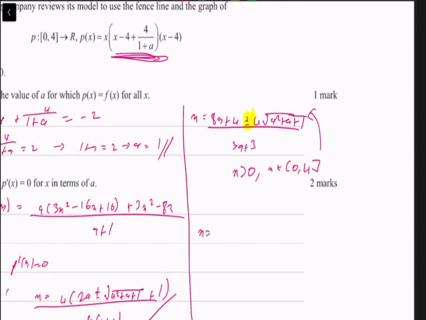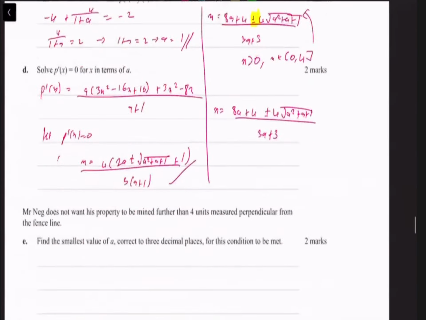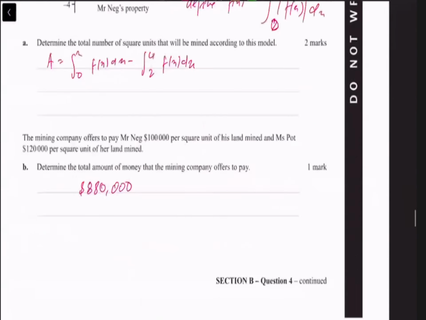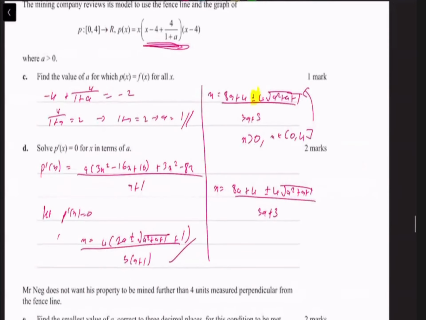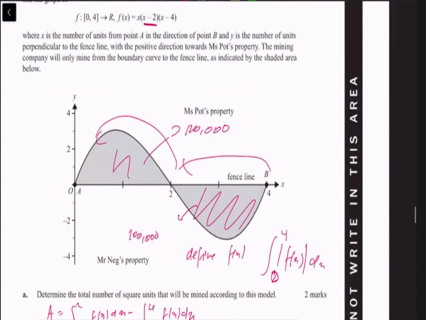So x can in fact be both the plus and the minus. So it's plus or minus 4 square root a squared plus a plus 1 on 3a plus 3. Just test values to see. You can also look at the graph if you want. If px is a transformed version of this graph, then it makes sense that there are two stationary points, hence why you get plus or minus.